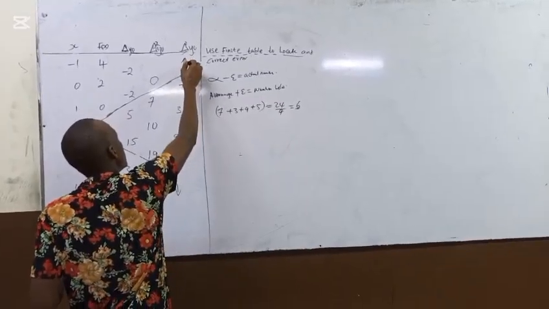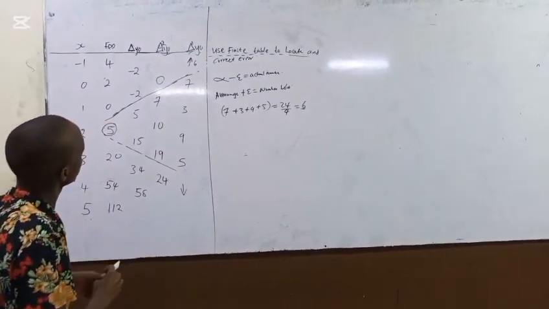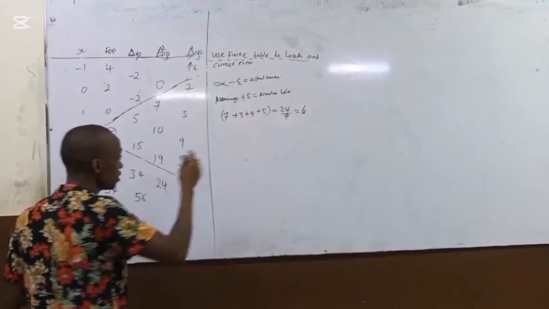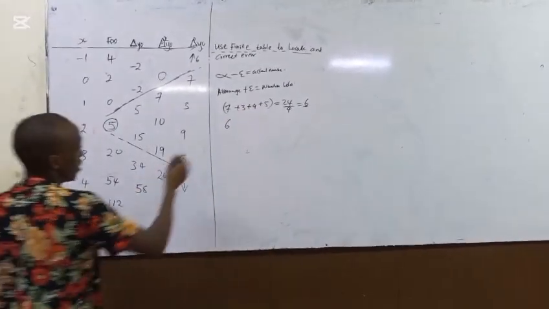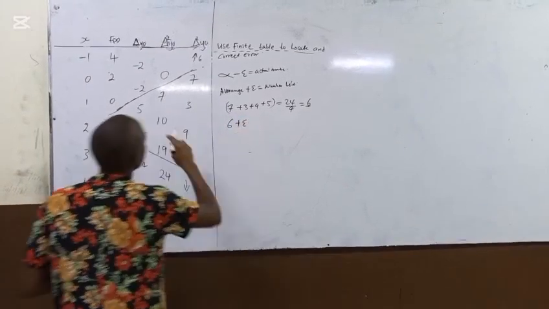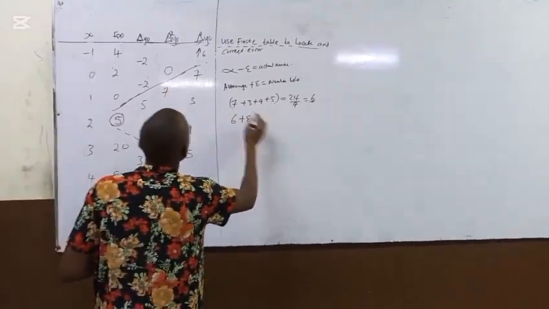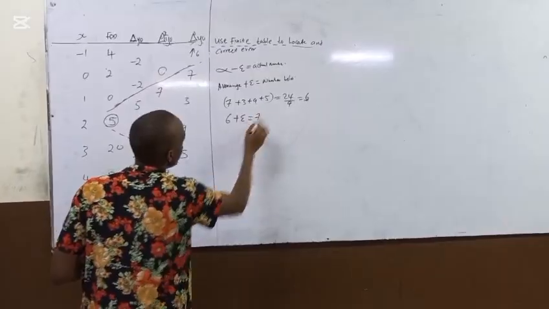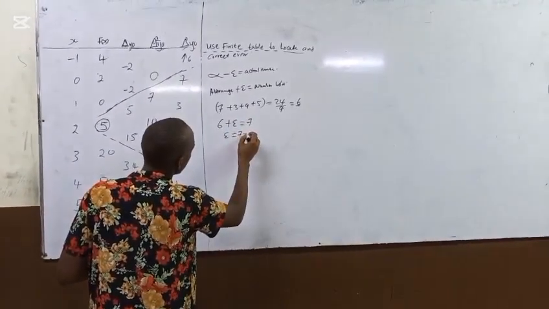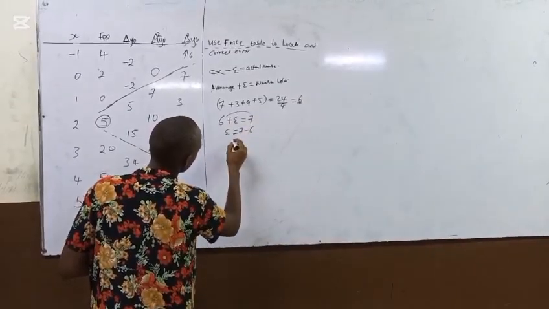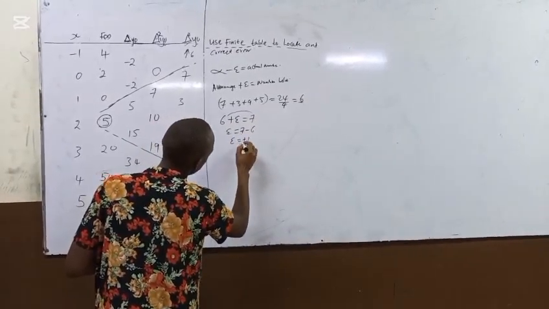So let's assume you have 6 and 7. So this is the average, which is 6, plus error is equal to the number below, which is 7. Now our error is equal to 7 minus 6. So our error is equal to positive 1.